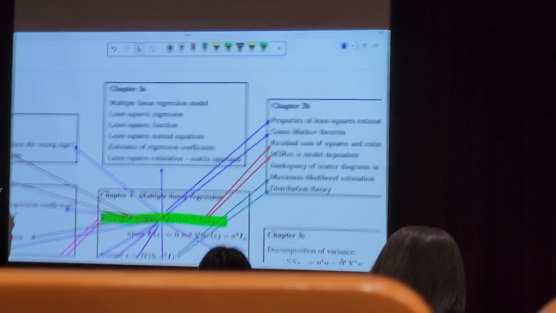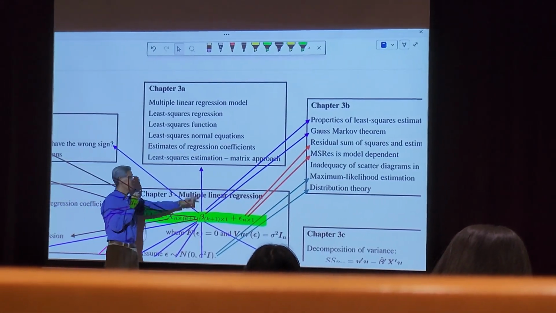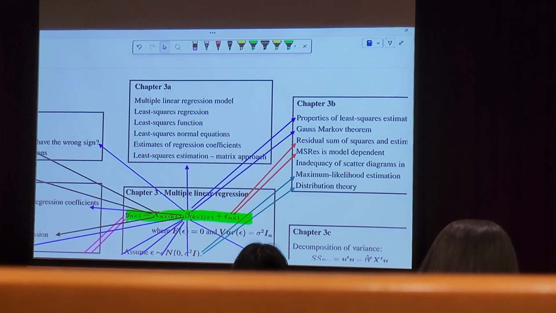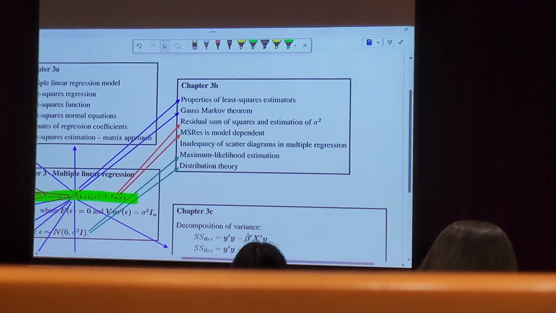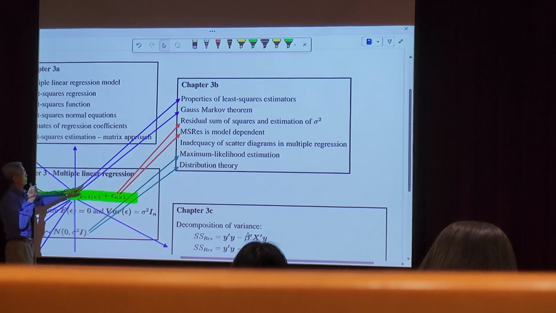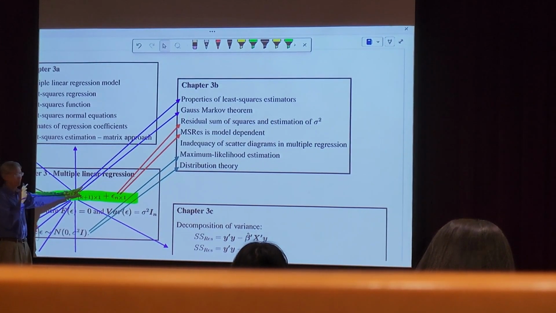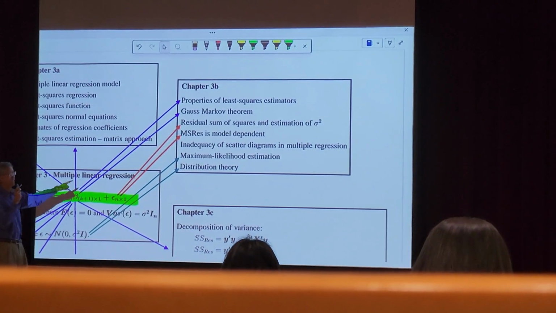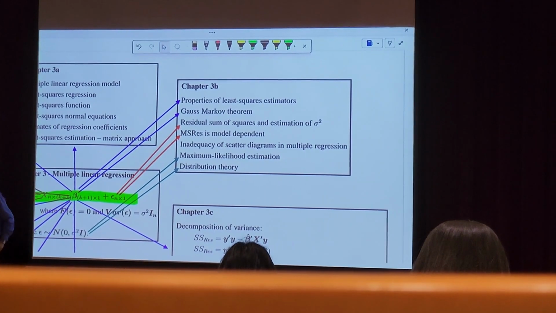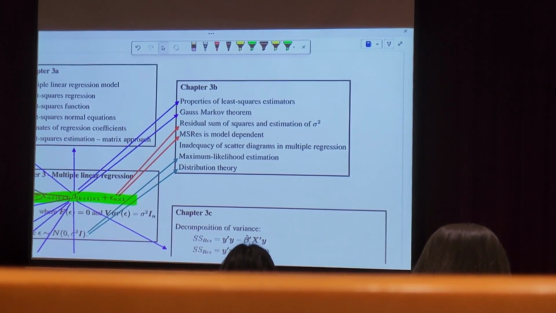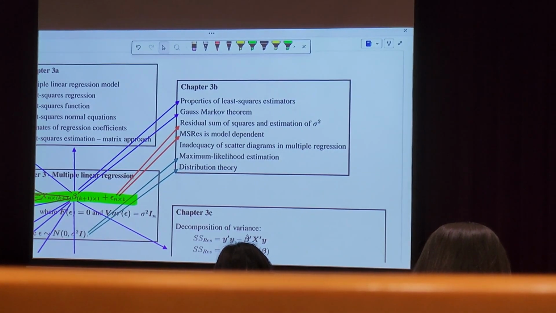Approach find better, and also matrix approach. Now for chapter 3B, the Gauss-Markov theorem ensures that these least square regression coefficients are the best.